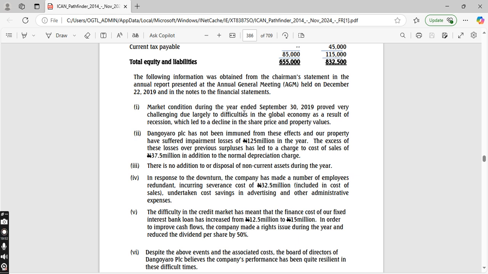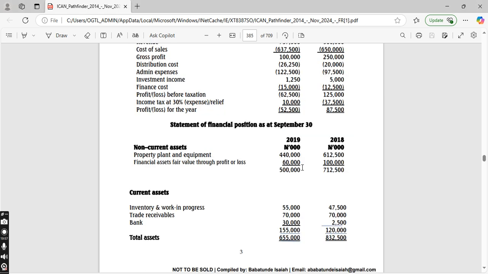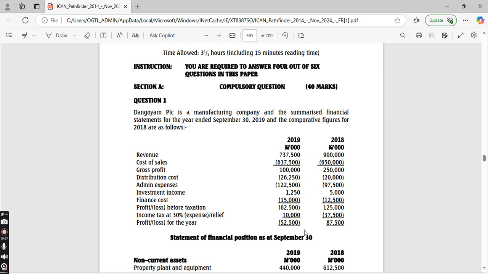Now, investment income was deducted in the question, right? Where is our investment income? Investment income is under other income, right?